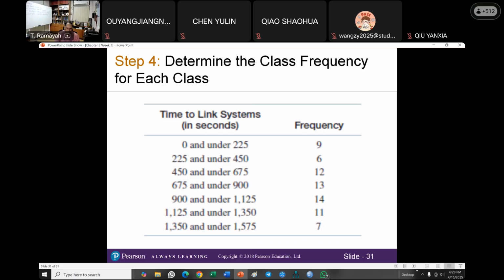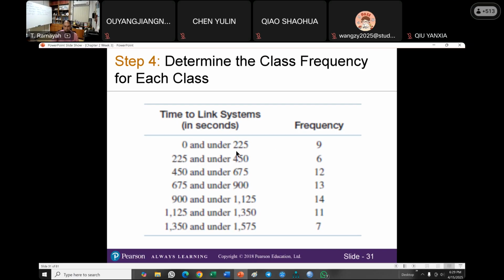After we count them, we found that 0 to under 225, we have 9 values. 225 to 450, we have 6 values. And then each of these categories, we already have the number. The total number will be 72.